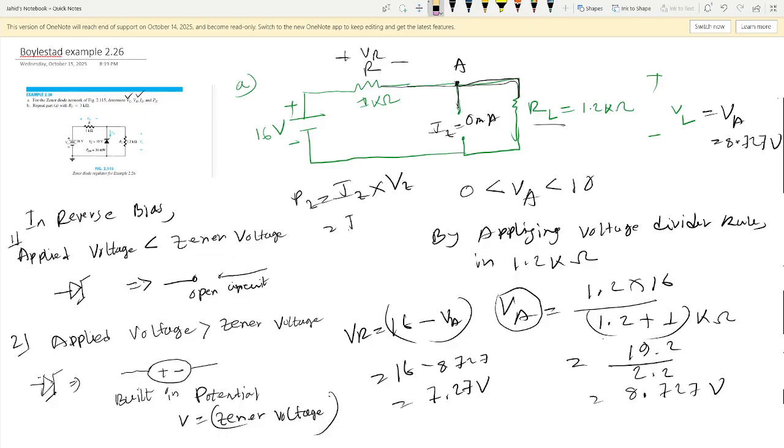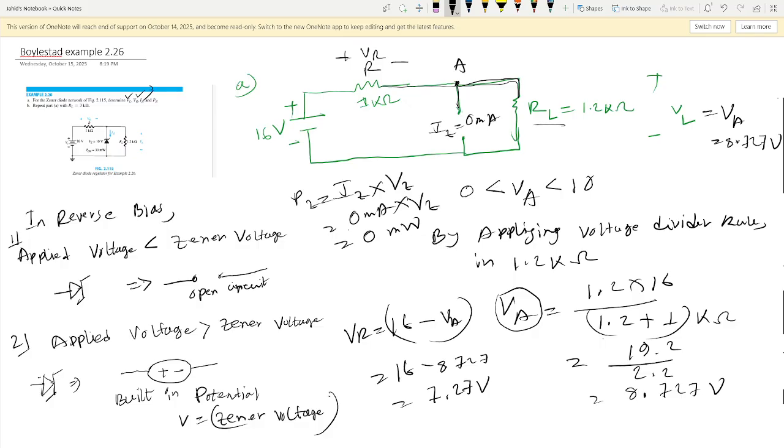IZ is 0 milliampere, sorry, 0 milliampere, times VZ, so 0 milliwatt. So that is our final answer.